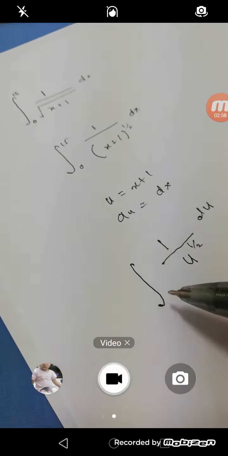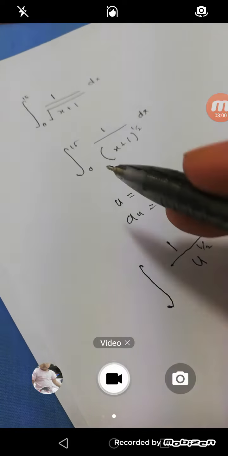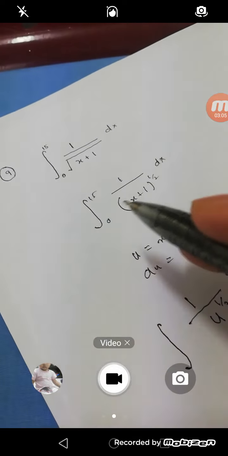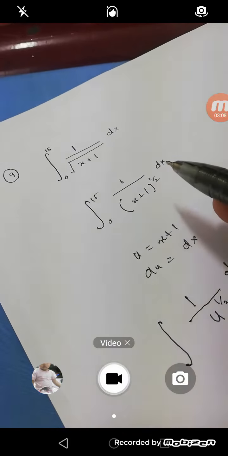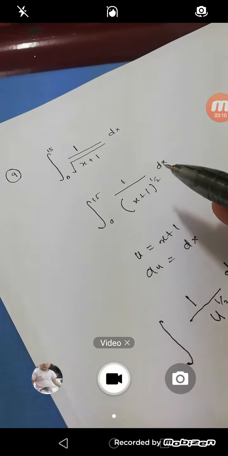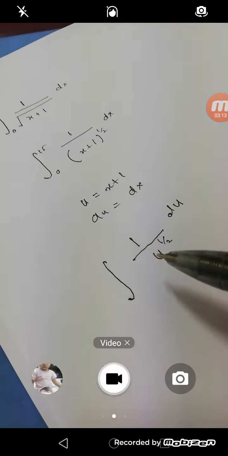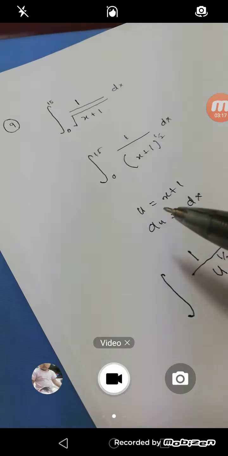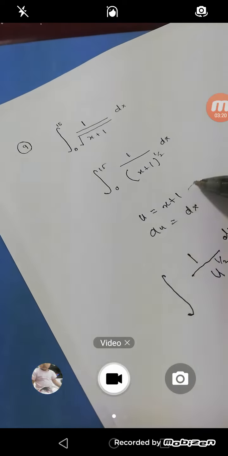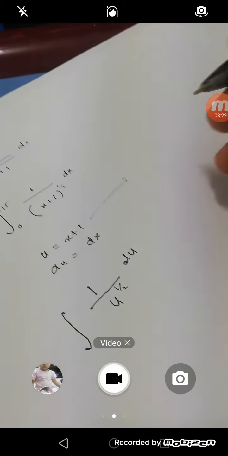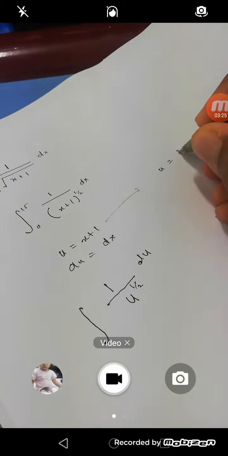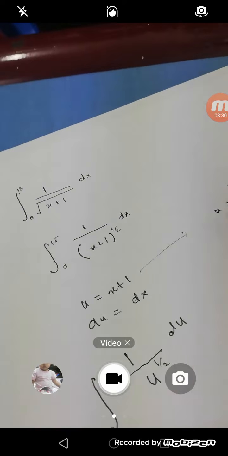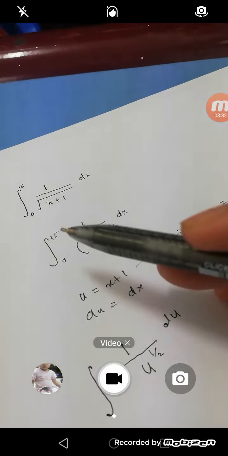So the issue now is the limits, 0 and 15. Previously, 0 and 15 were for the variable x. Now we have already changed the variable x into u. So we are going to use u equals x plus 1. We have two values of x, which are 0 and 15.